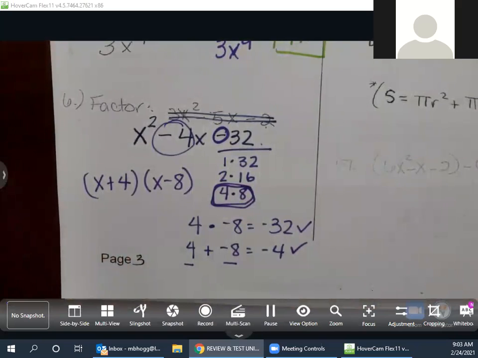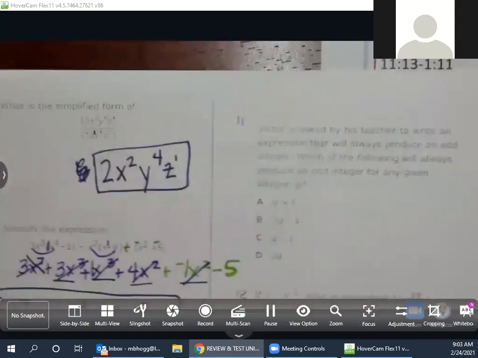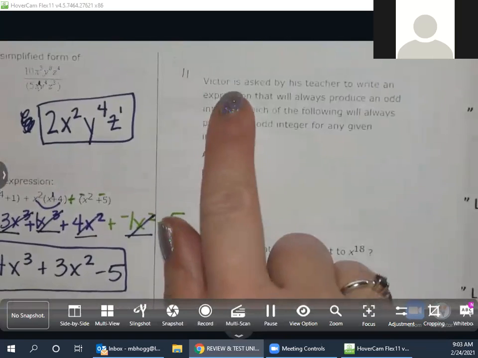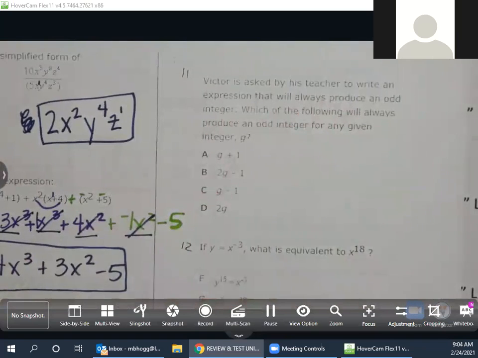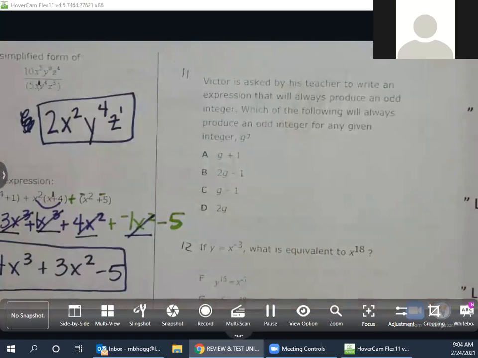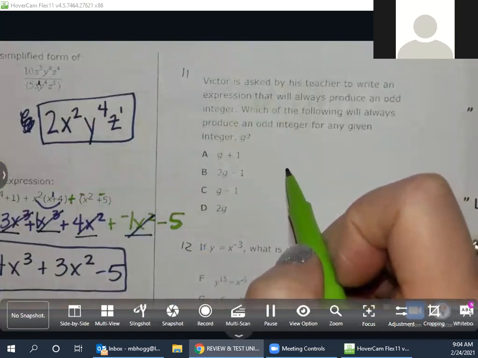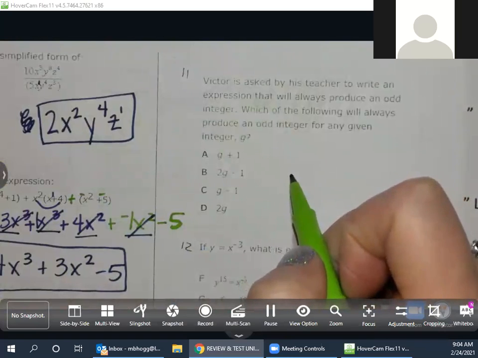All right. So are we ready to go to number 11 at the top? Number 11. Victor is asked by his teacher to write an expression that will always produce an odd integer. Which of the following will always produce an odd integer for any given integer g?